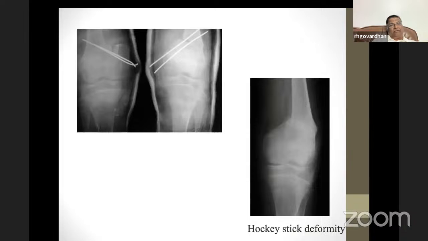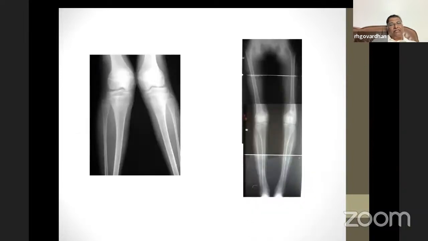This boy was operated by one of my colleagues in Tamil Nadu, and he did a closing wedge osteotomy on the medial side. So a genu valgum became a genu varum with a hockey stick deformity or gold stick deformity. So this is what has happened.